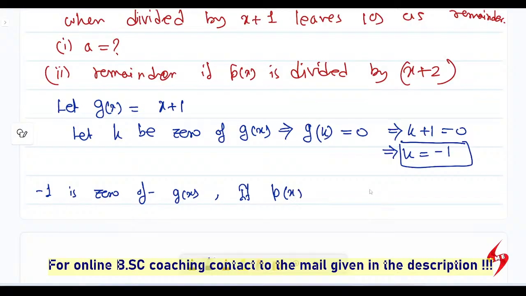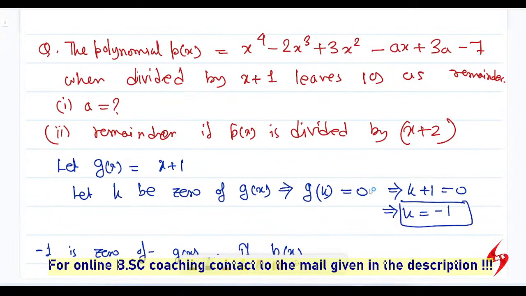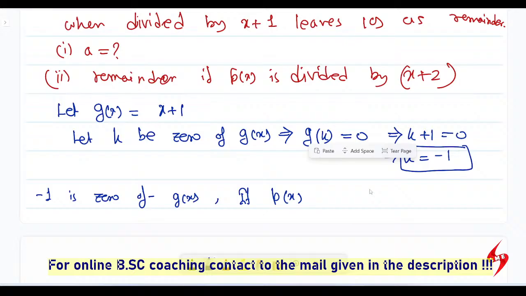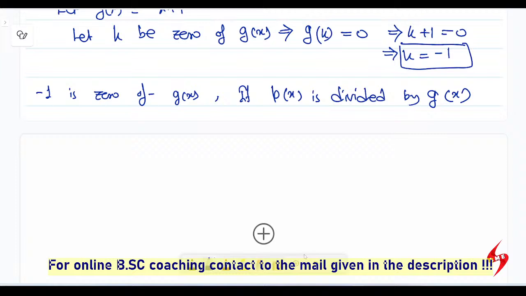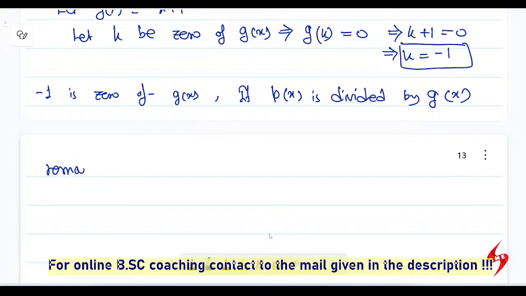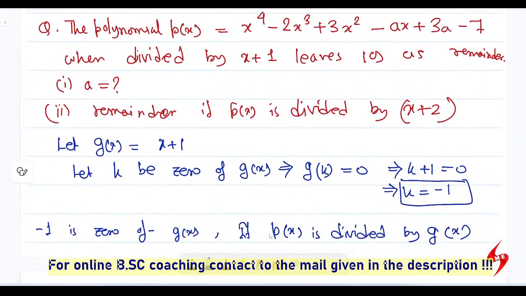Now if p of x, that is my given polynomial, is divided by g of x, then by the remainder theorem the remainder will be p of the zero of the divisor, that is p of minus 1. So we should replace the x of p of x by minus 1.